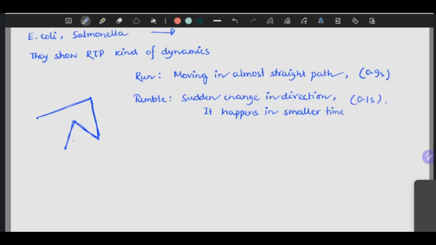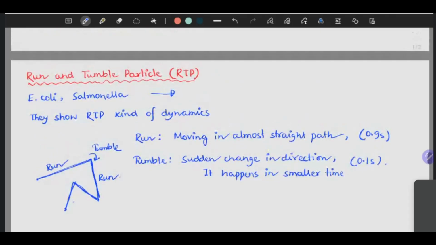So it changes its direction very fast and rapidly, and then again it takes a new direction and follows it for a few minutes. So let's say this is run, then again it changes direction, this is tumble, again run. So the run states are punctuated by the tumble states. Okay, so this kind of motion is called run and tumble, and those particles which show this kind of dynamics are called run and tumble particles.